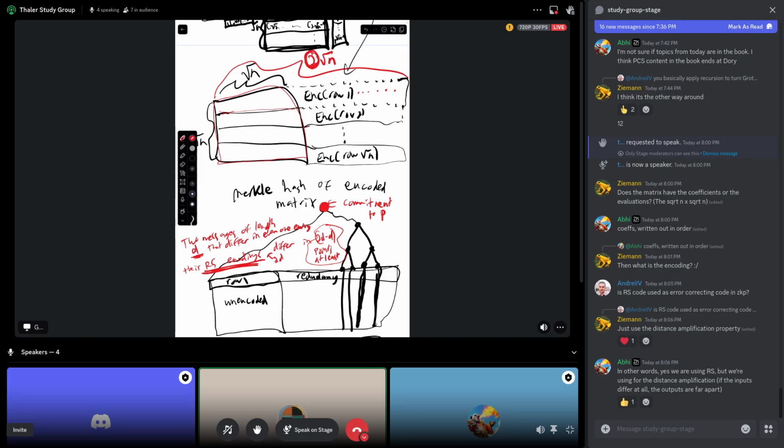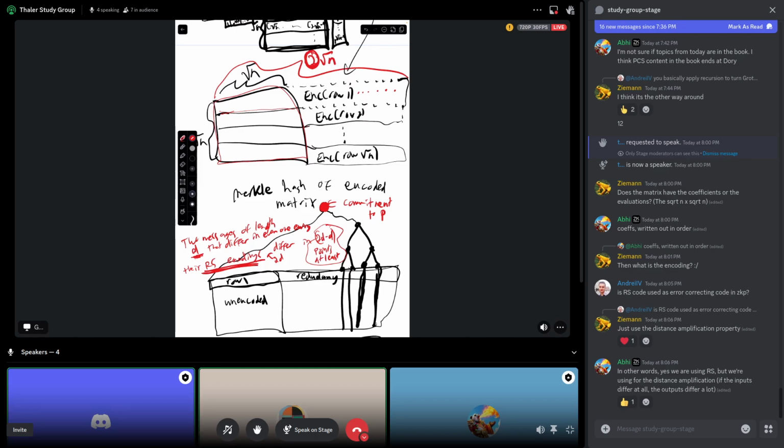And here we already have this hashing when doing the Merkle tree, and it is the source of randomness, and then we are back to the Schwarz-Zippel thing again.